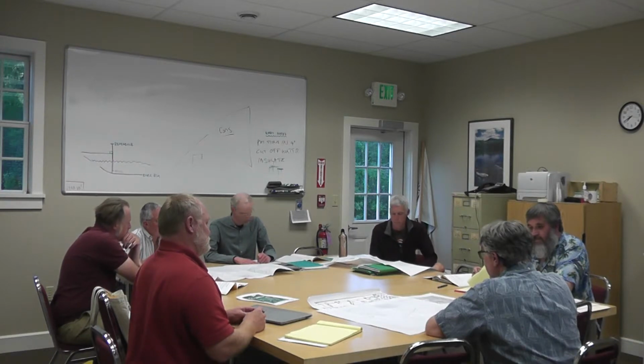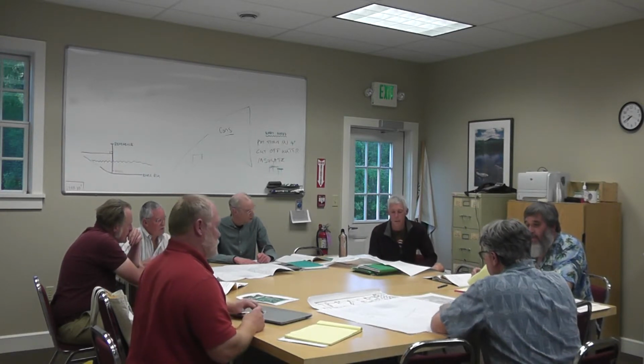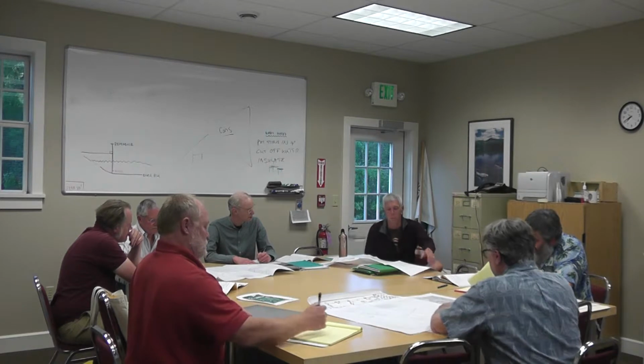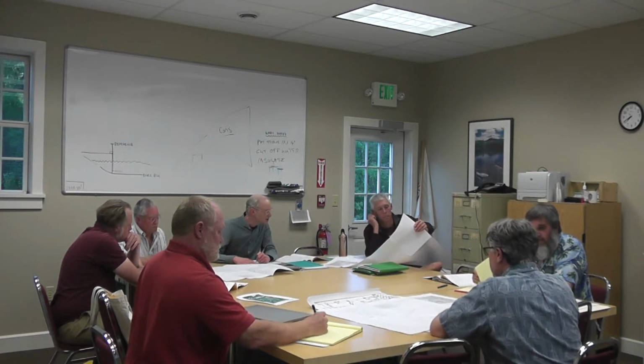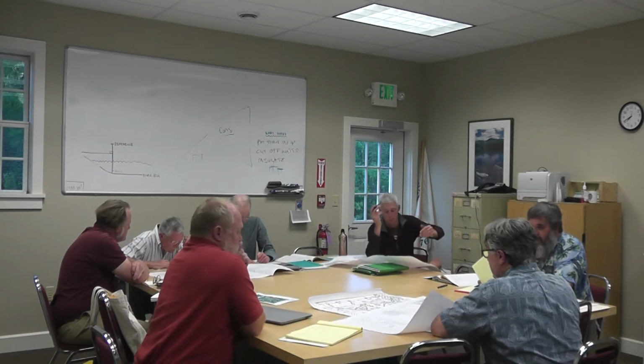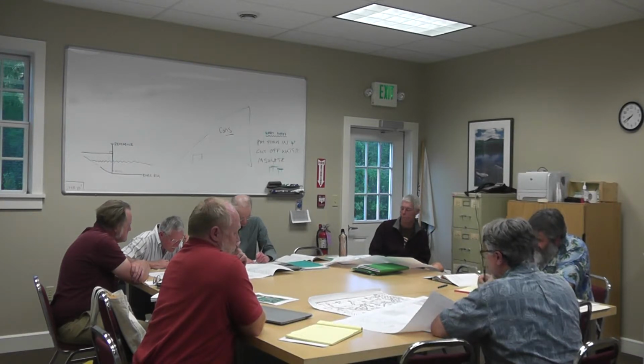Correct the error. What's the lot number? This one's 60.3. Is that the one in question? 60.3, and up here, it's this little piece that's not 60.3. We're talking about this little triangle right here, which is 55, at the corner of 3 lots, the convergence of 3 lots.